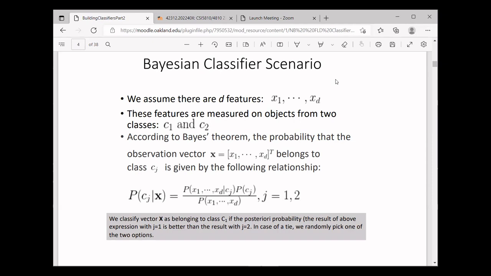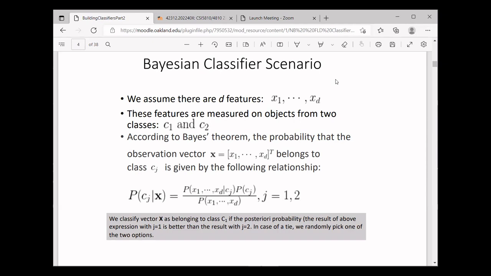All right. This formula is no different from the formula that I showed you in the previous slide, except that there I had used A and B. So instead of A and B, now we have observations are vector x and classes are C of j, where j could be 1 or 2.